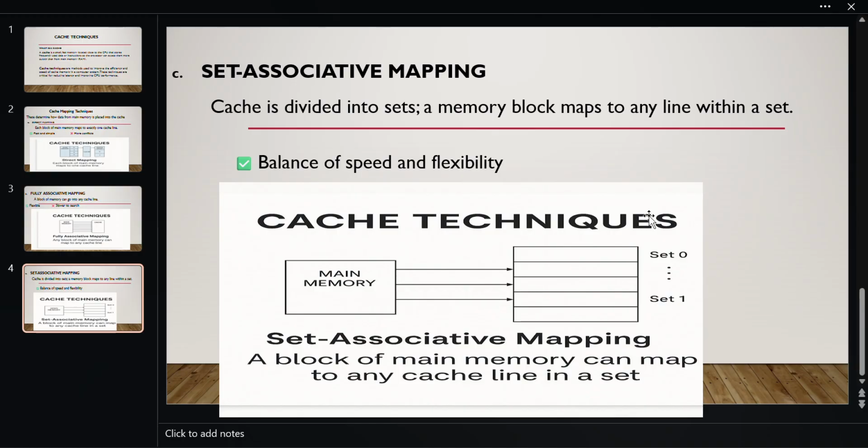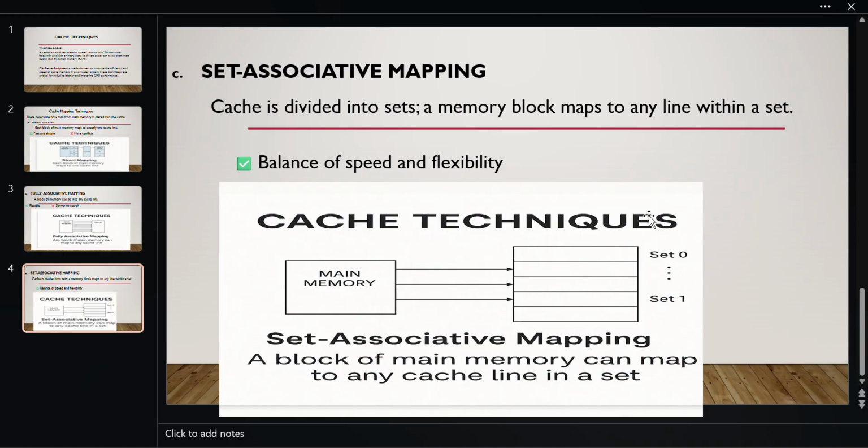We also have another technique called the write policy. This determines how writes are handled between the cache and the main memory. Under the write policy, we have write-through: data is written to both cache and memory.